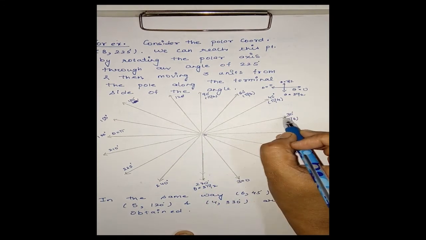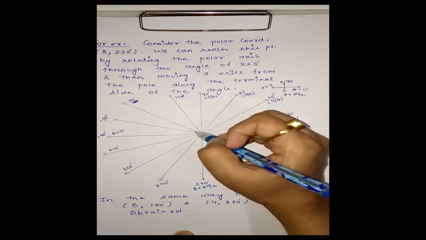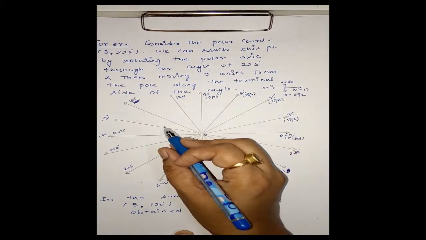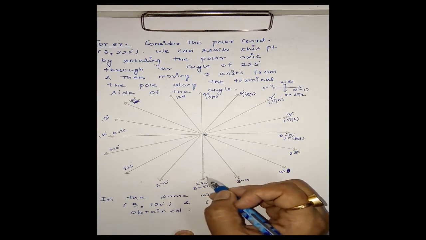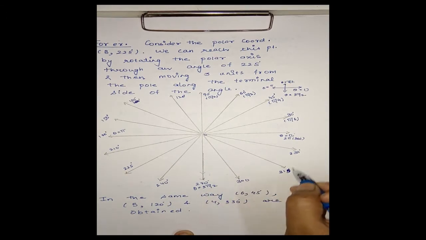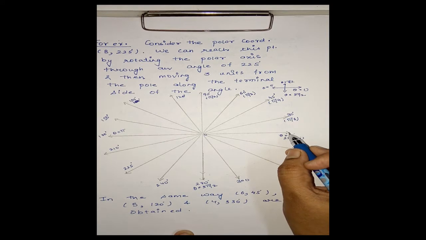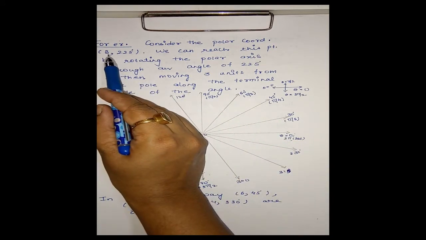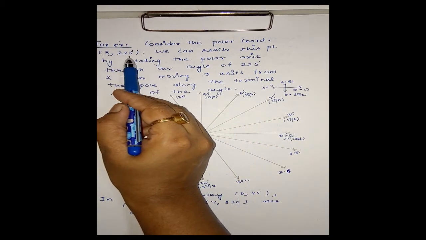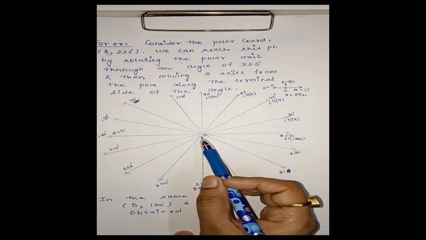This is 30 degrees, 45, 60, 120, 135, 150, 180, 210, 225, 240. Again this is 270, 300, 315, 330 and then this is 360, that is 2 pi. Now let us plot this point (3, 225 degrees) on this system.